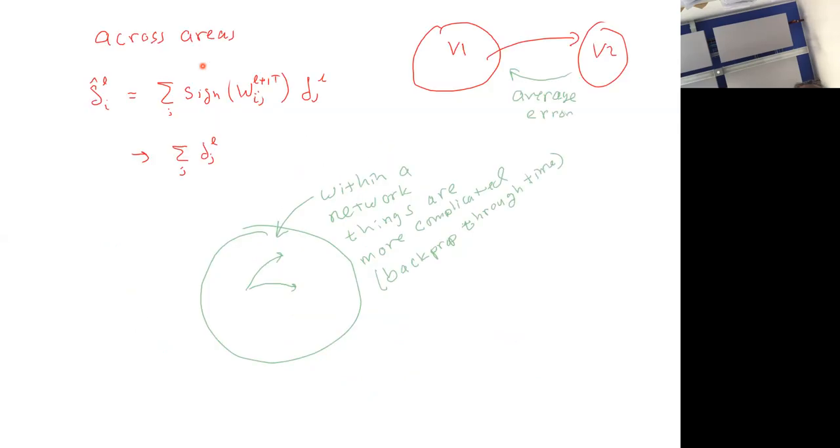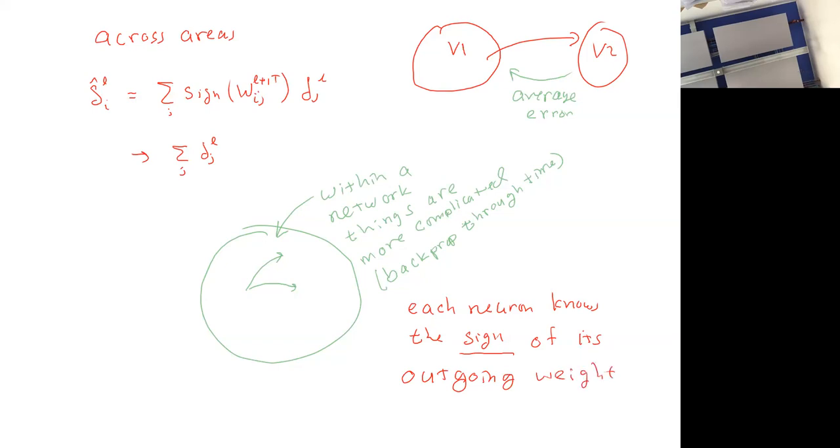But even in this case, each neuron knows the sign of its outgoing weight. And that's really enough to know how to update.